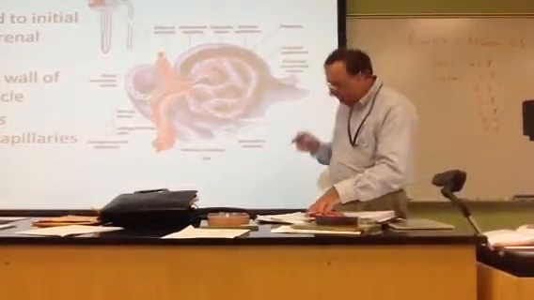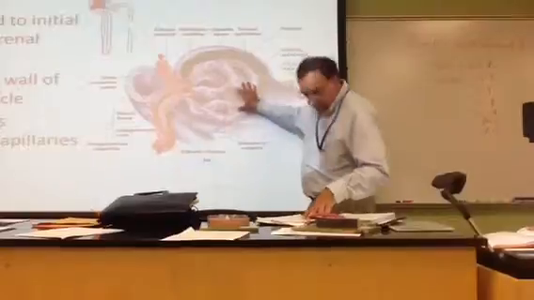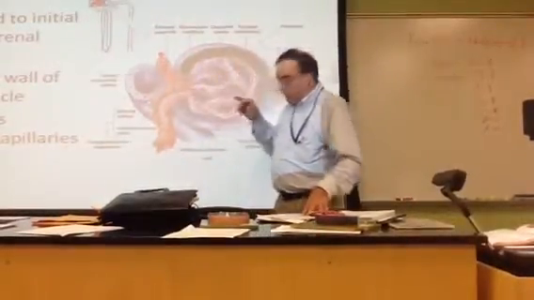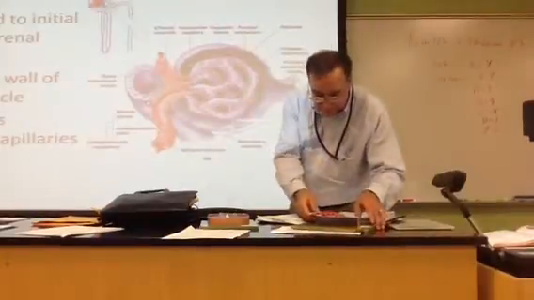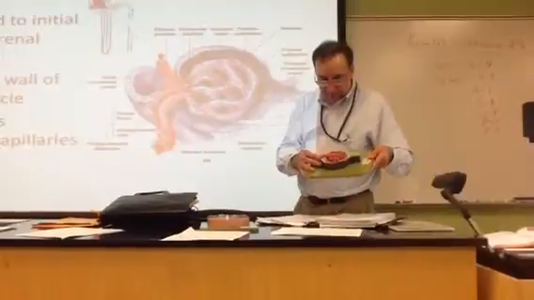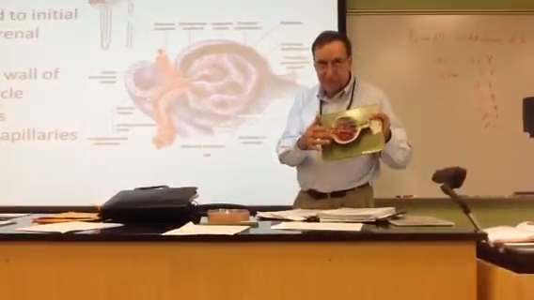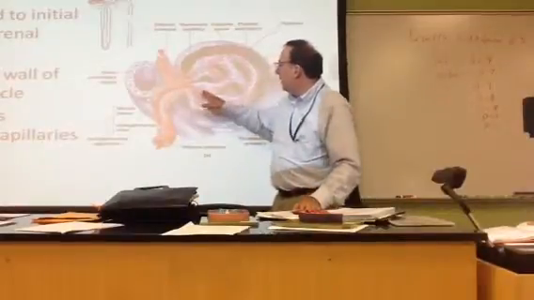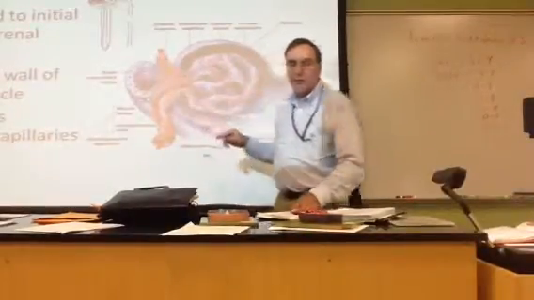So you have the afferent arteriole, the glomerulus, and the efferent arteriole. One way you can tell the afferent from the efferent is that the afferent is larger in diameter than the efferent. So you have a large blood vessel coming in, afferent. The blood vessel leaving is smaller in diameter, efferent.